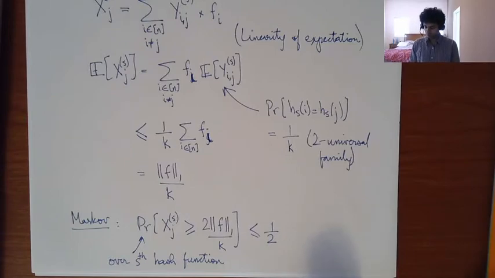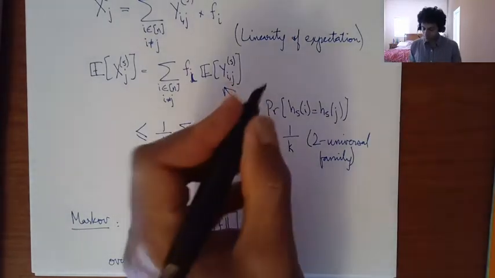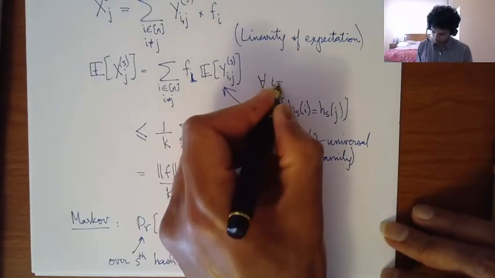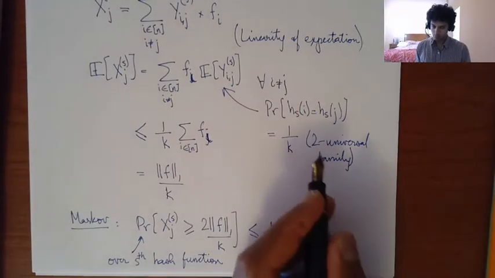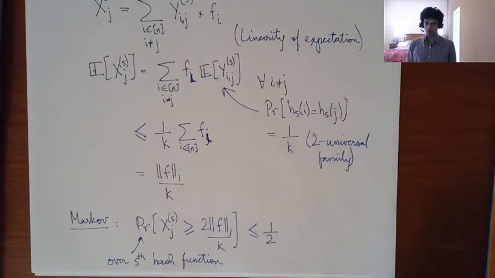For all i and j. For all i not equal to j, yes. Because this is a 2-universal family of hash functions. So essentially what it says is you have pairwise independence on the values of the hash function. So if you take 2 different elements, the probability that they map to the same thing is just 1 over k. It's as if it's random.